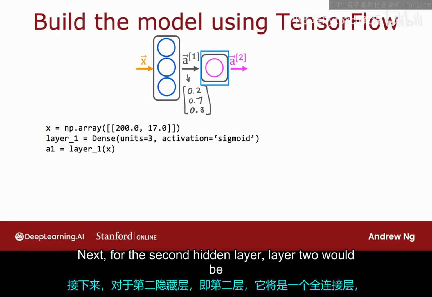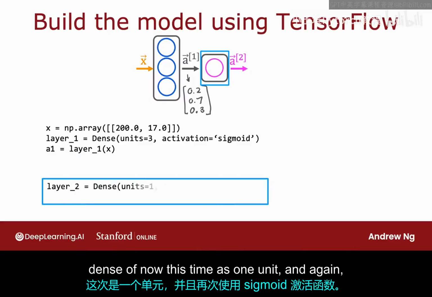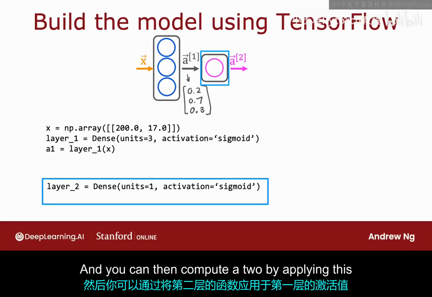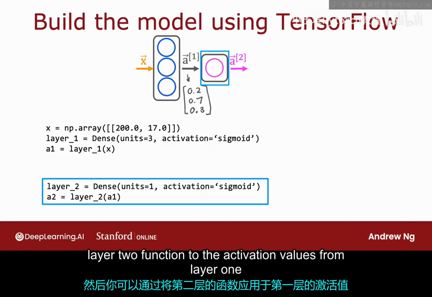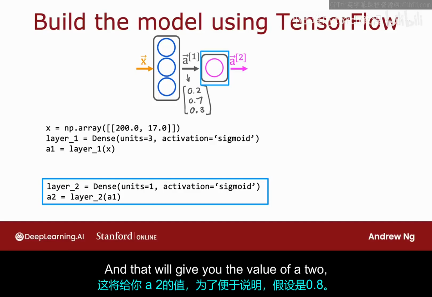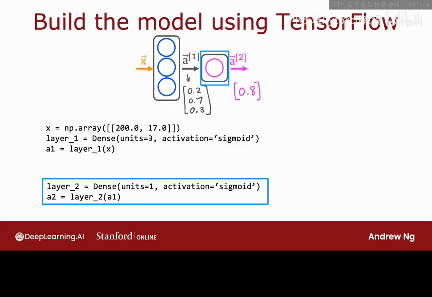Next, for the second hidden layer, layer 2 would be Dense of, now this time it has 1 unit, and again, the sigmoid activation function. And you can then compute a2 by applying this layer 2 function to the activation values from layer 1, to a1, and that will give you the value of a2, which for the sake of illustration is maybe 0.8.